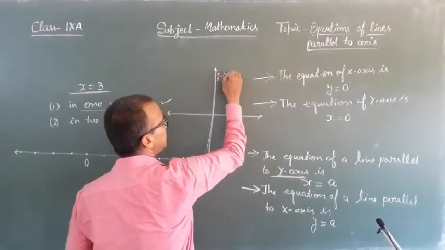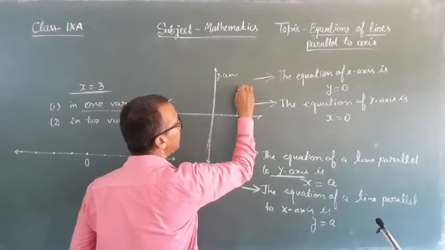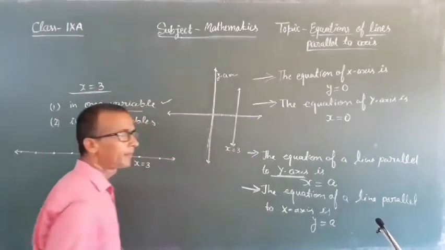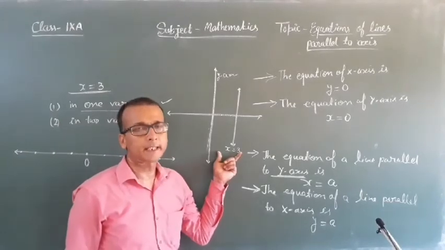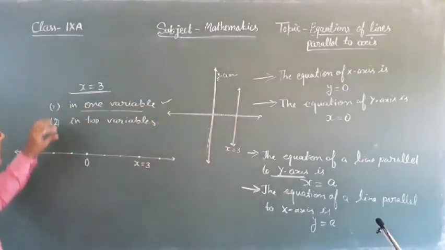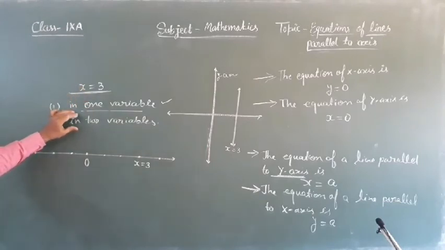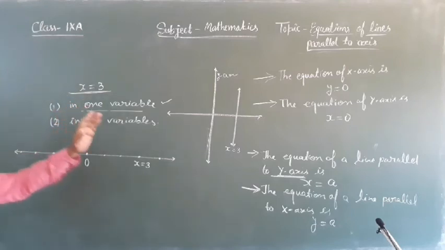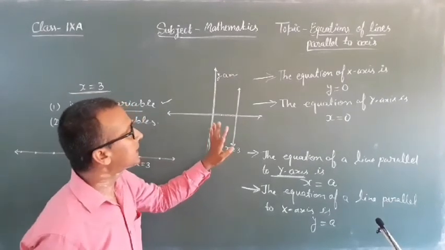Here is the y-axis, and 1, 2, 3. This line is x is equal to 3, and hence you can say this is the geometrical representation of x is equal to 3 in two variables. When it is one variable, it is a point, and when you represent it in two variables, it will be a line parallel to y-axis.